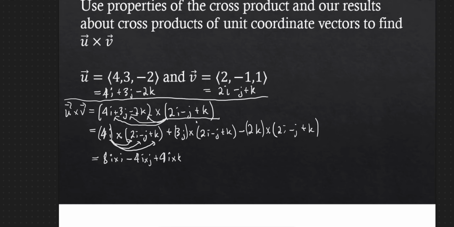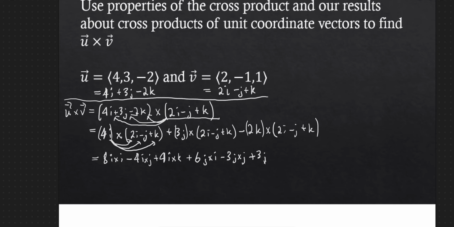Let's move on to this middle one. So I'll have a plus 6j cross i. Remember to keep the orders intact: j cross i. I have a negative here, so minus 3j cross j. And then I have 3j coming through to the plus k, so that's 3j cross k.